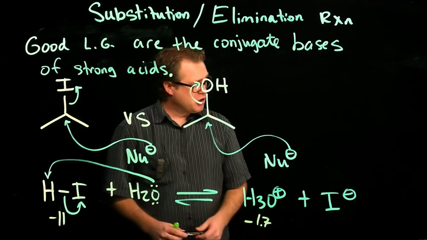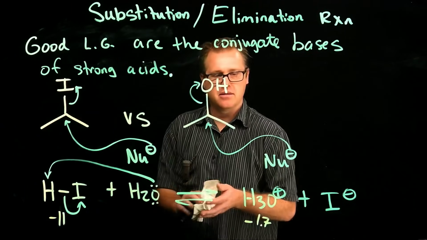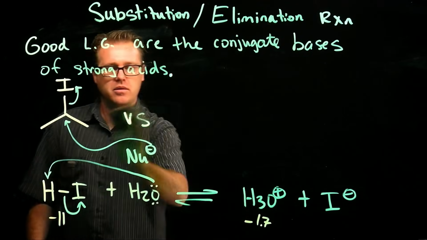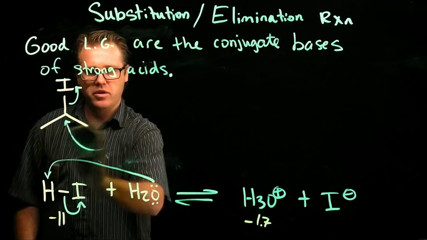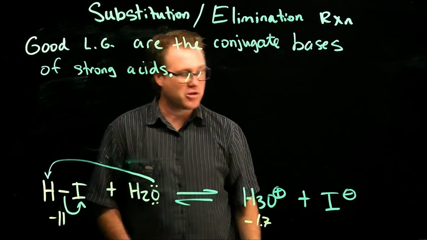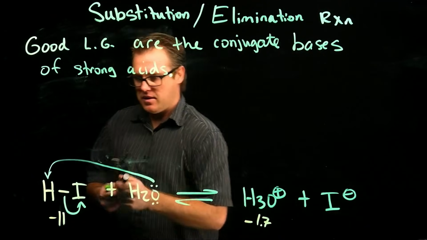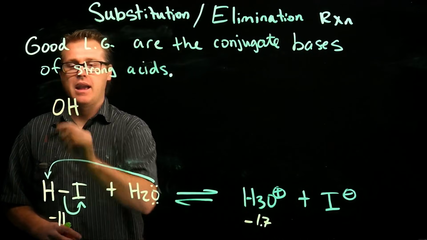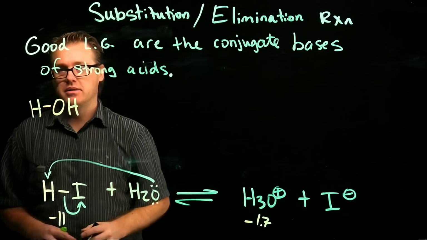And then we contrast that, all right, with the other one. And what was the other leaving group? It was a hydroxide. So we will take that hydroxide and add a hydrogen to it, okay?